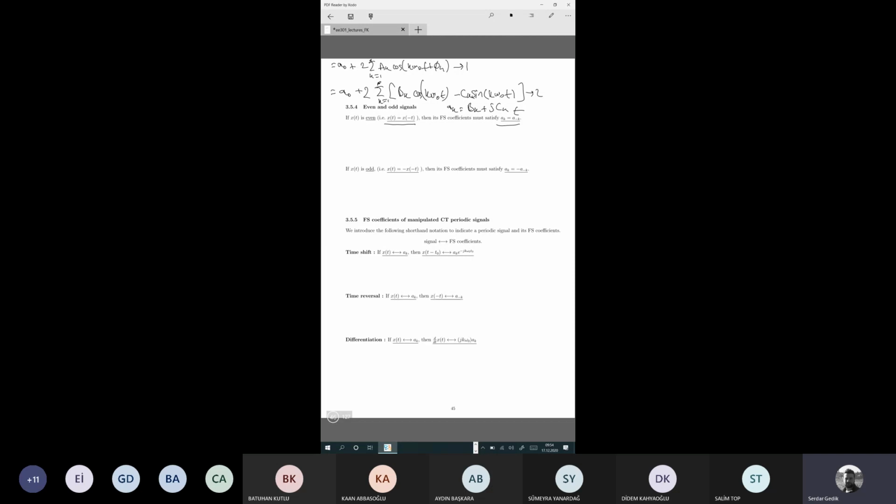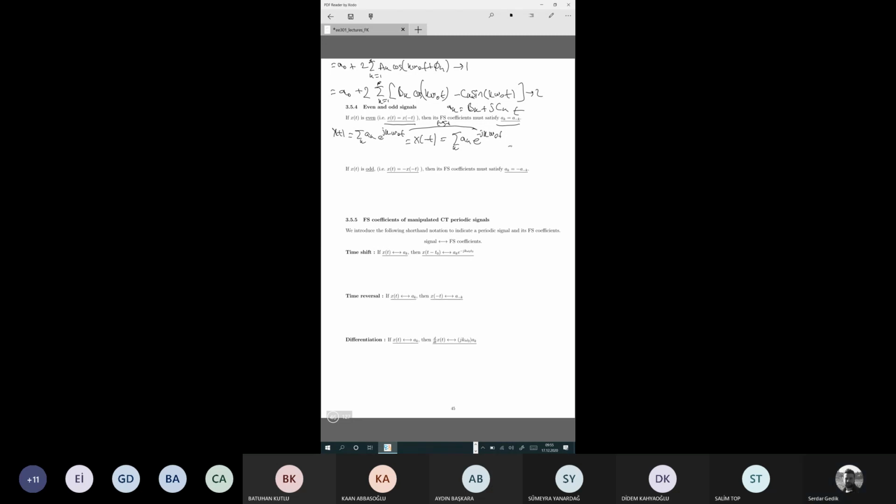The proof, as usual, starts with writing x of t as summation k ak e to the power j k omega 0 t, and I know that this is equal to x of minus t, which is summation k ak e to the power minus j k omega 0 t. I have done nothing here; I just put minus t instead of t.